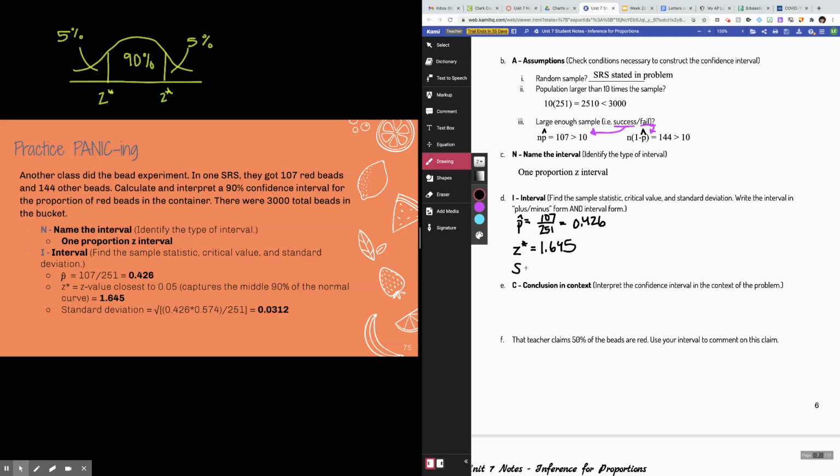The way you calculate that is P hat, so 0.426 times 1 minus 0.426, all over N. Remember, N is your sample size, which is 251. Plug that into your calculator, and when I did, I got 0.0312.